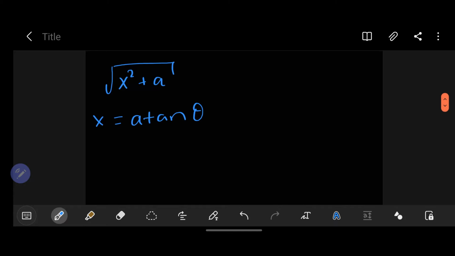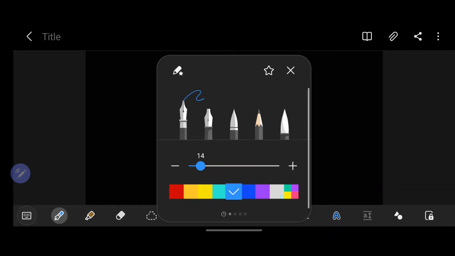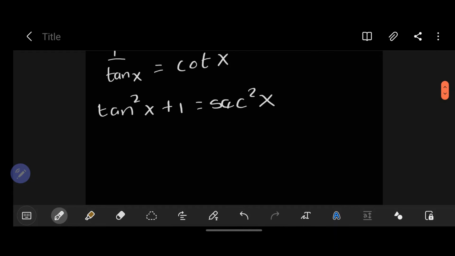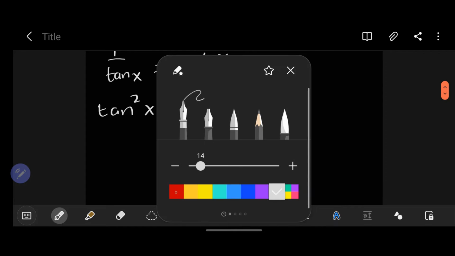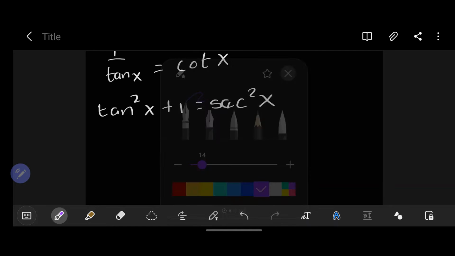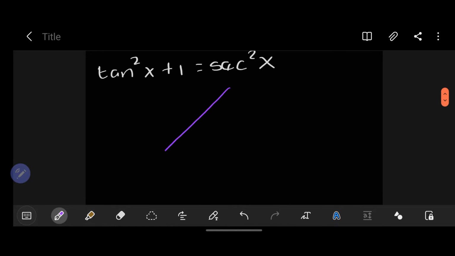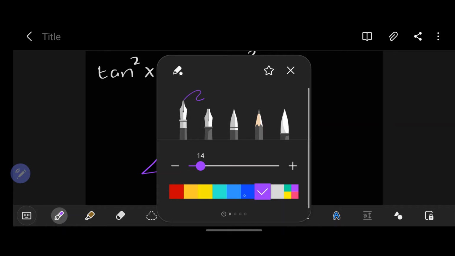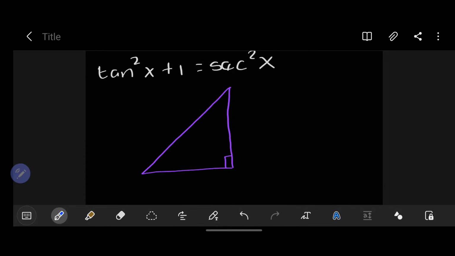Usually this is what you need to just remember, but in order for you to visualize what's going on, we can draw a triangle. From this triangle, we can get an idea of what's actually going on here.